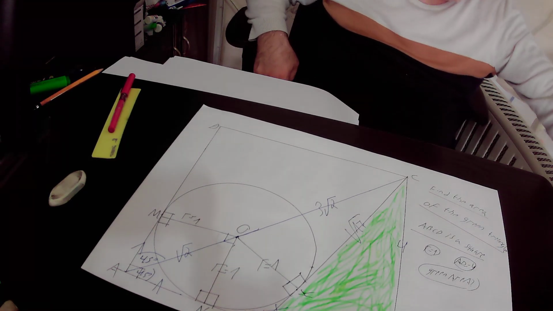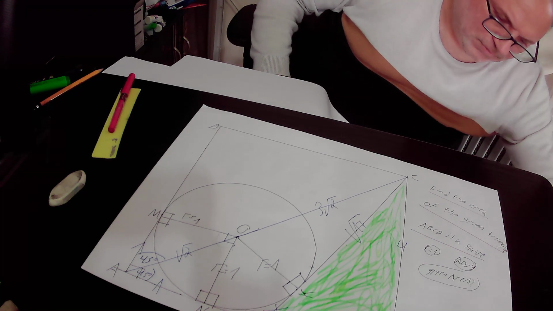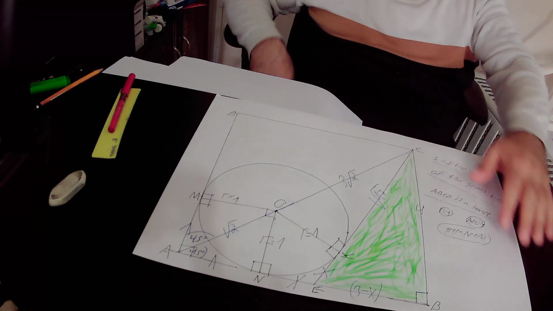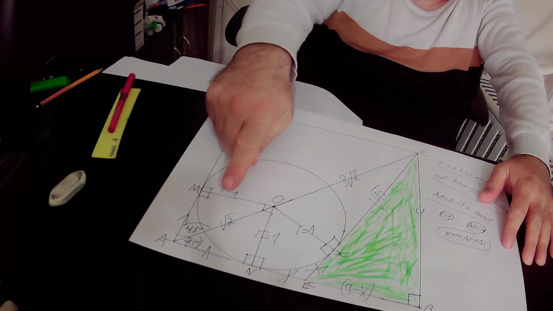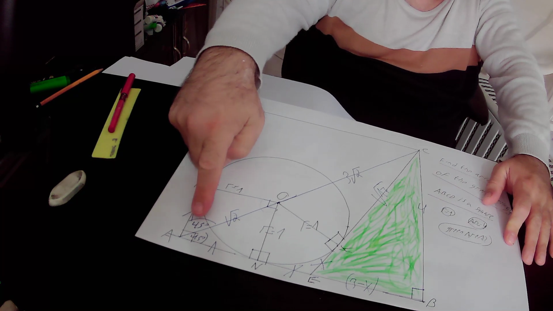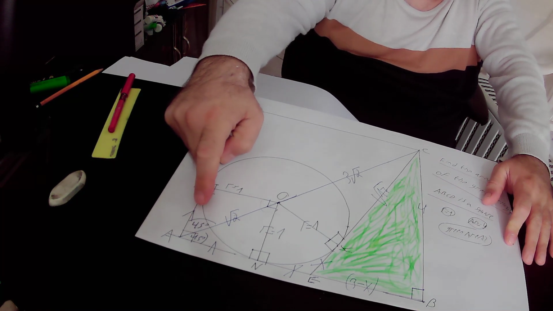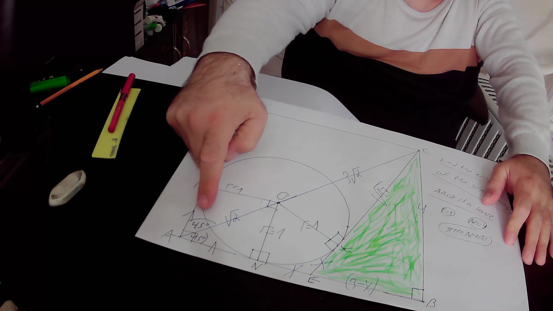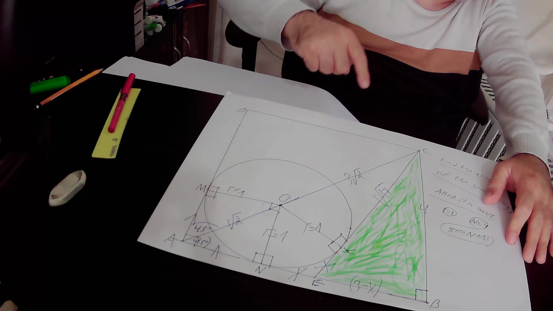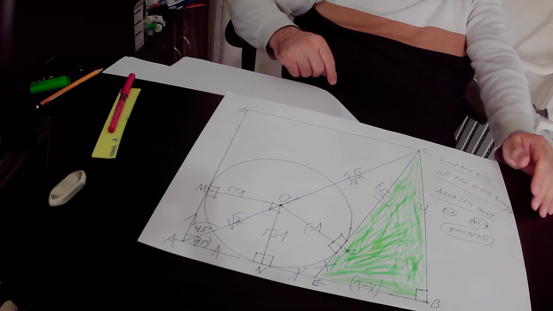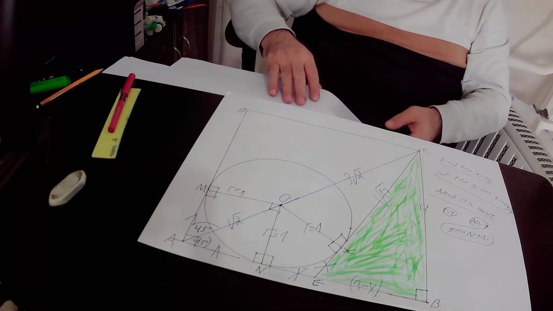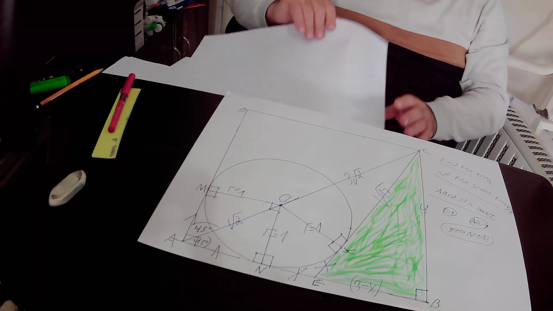So, according to rule number 6, if we relate to the small square MOAN, then the diagonal OA bisects this angle A into 2 angles of 45 degrees. That is to say, this angle equals 45 degrees and this angle also equals 45 degrees. That is according to rule number 6.